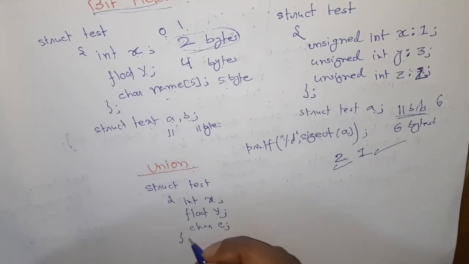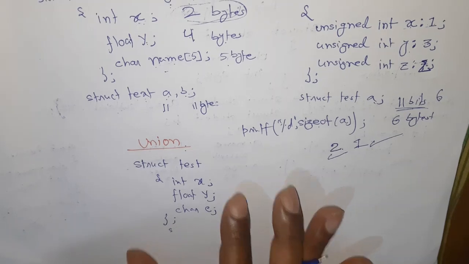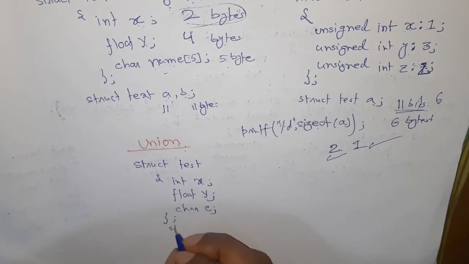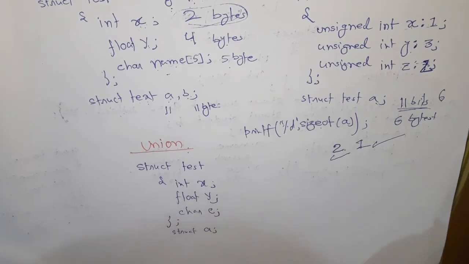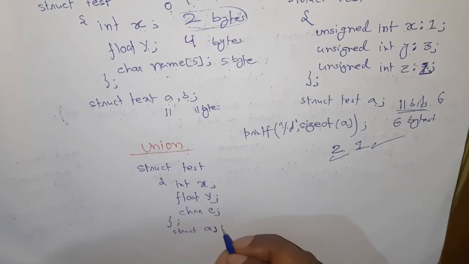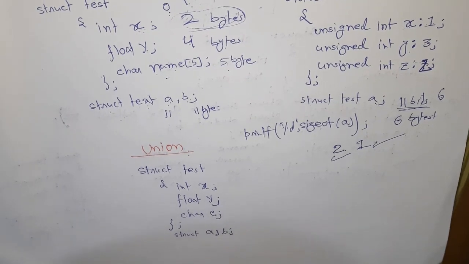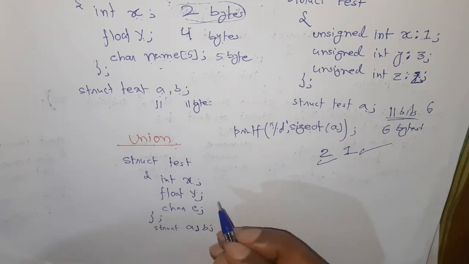After this, suppose I have declared some variables of this structure type, struct test a, and let's have b. I have declared two variables of this structure type. Now instead of x, y and c, I want to use only y.